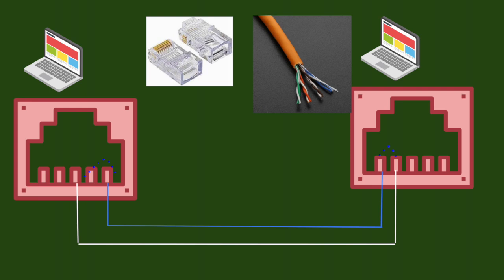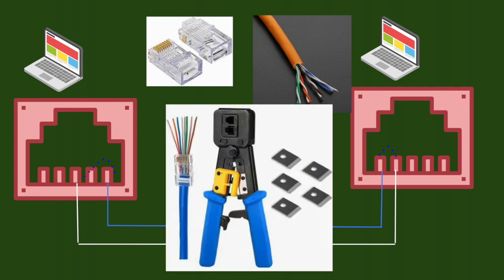And what we do is, this cable, which has 8 wires, will be pushed inside this RJ45 connector, and using a tool called a crimping tool, we press it so that these pins at the top of this RJ45 connector get a slight touch on the coppers that are inside these particular wires.